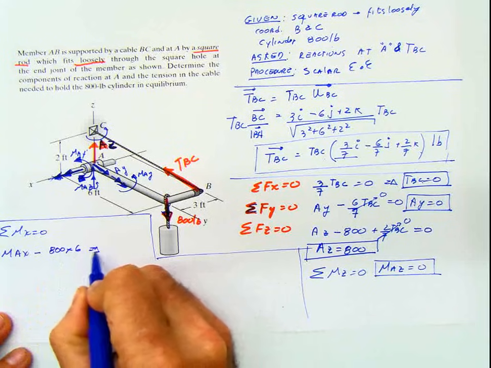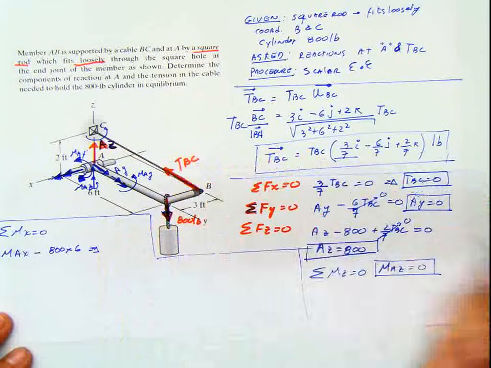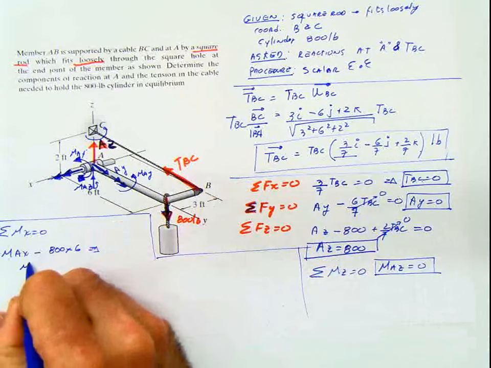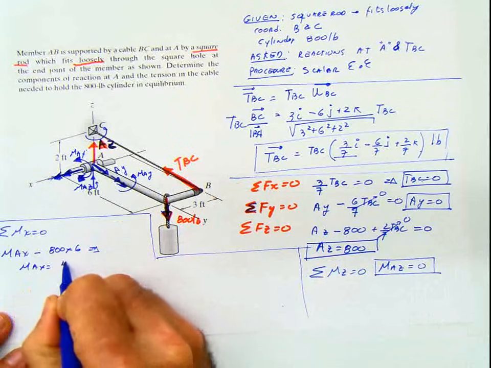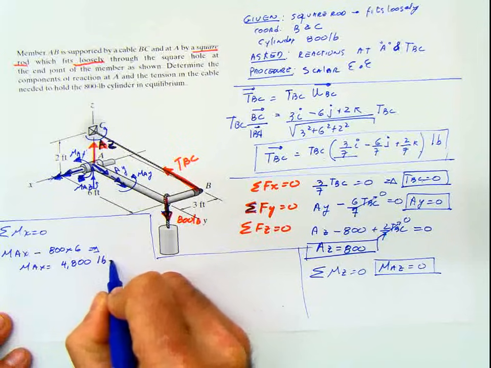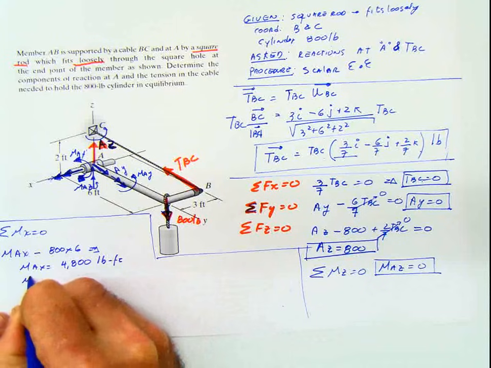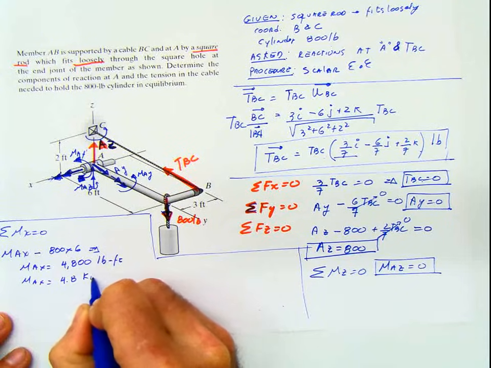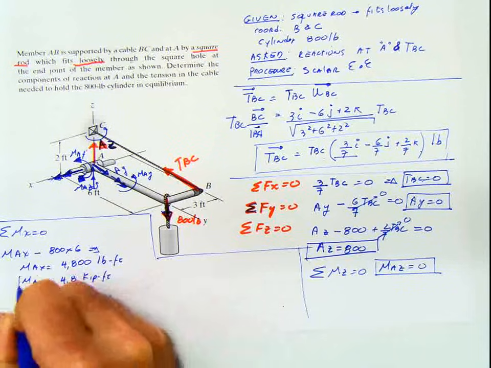I don't have anything else because this force is 0, so I'm not going to keep complicating my equation. So MAX is going to be 4,800 pound-feet, or MAX could also be 4.8 kip-feet.